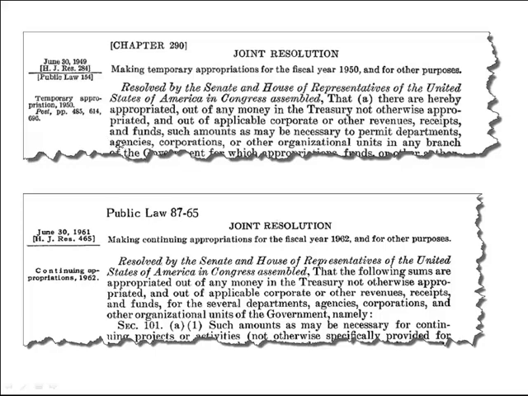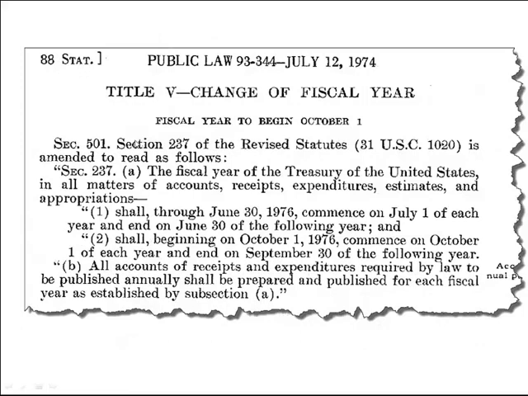In those days, the fiscal year ended June 30th, so somebody in Congress got the brilliant idea that if they could just extend the fiscal year 3 months to September 30th, which they did in the Budget Act of 1974, they would be able to get all the appropriations done on time. The act was implemented for fiscal year 1977, and sure enough, Congress got all the bills appropriated on time for fiscal year 1977.